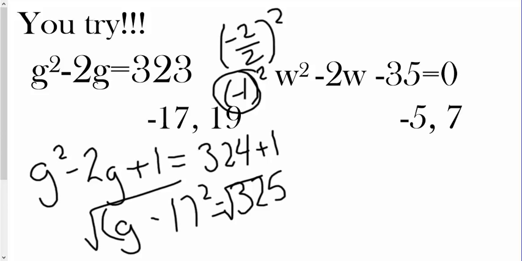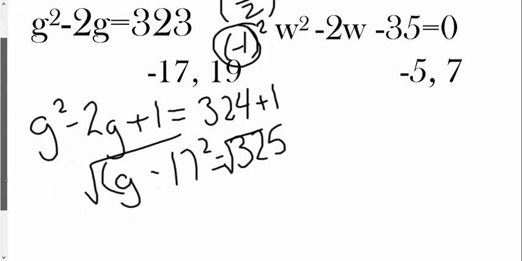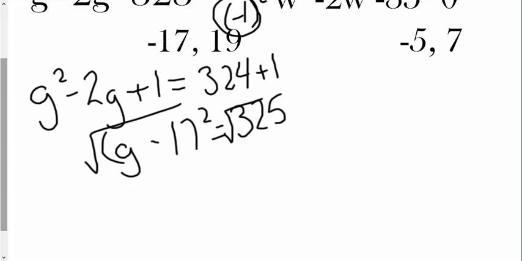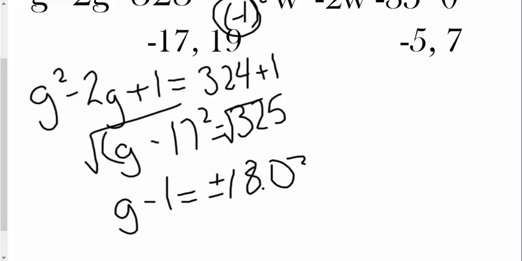So the square root of 325 is equal to about negative 18.03. And I'm actually going to make this a little bit harder. So it'll be g minus 1 equals plus or minus 18.03. I'm going to get more precise than those answers that they have there.